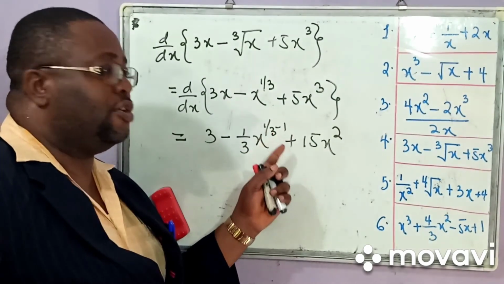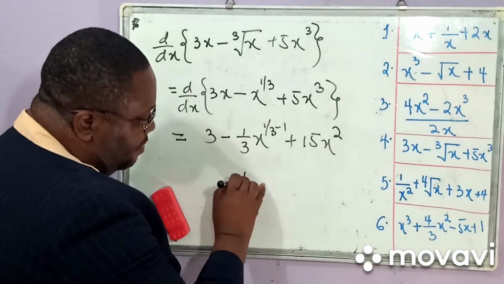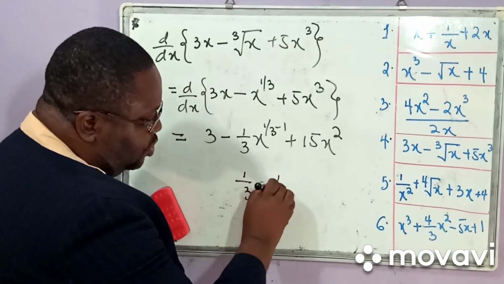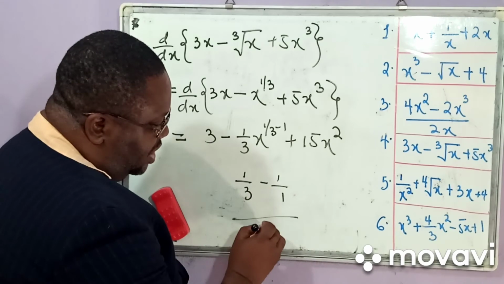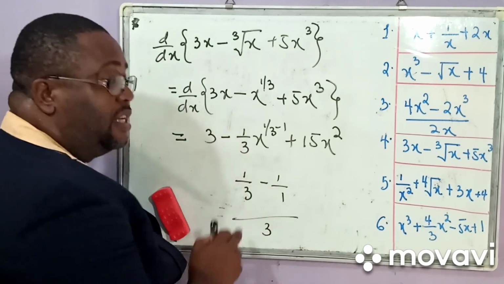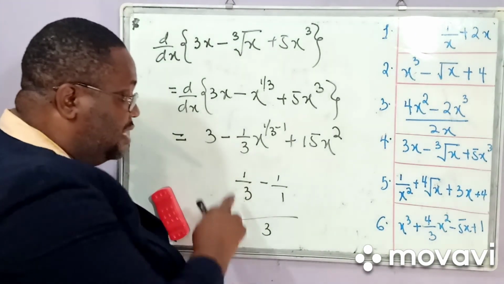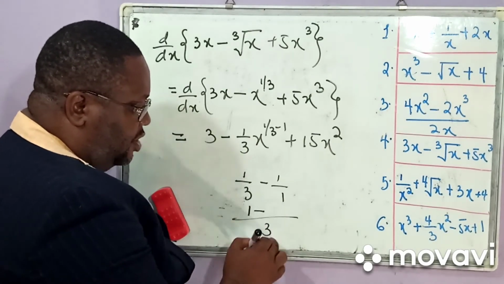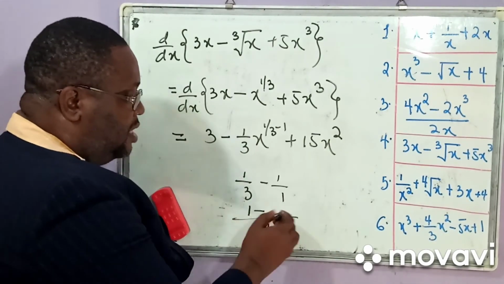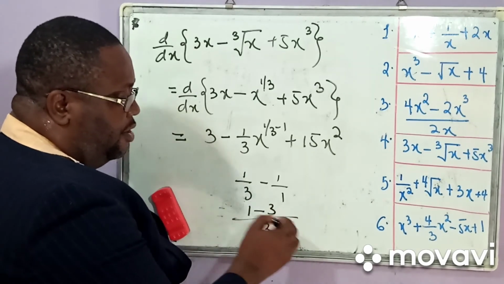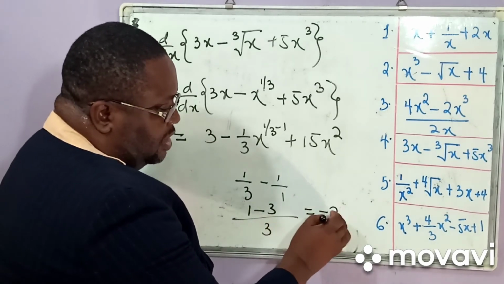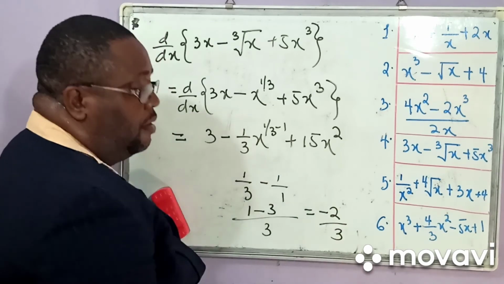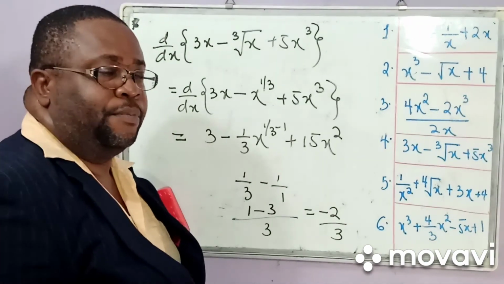But when I come here, this sort of thing can be very confusing. So 1 over 3 minus 1. Let's quickly evaluate it. Minus 1 over 1. LCM is what? 3. 3 divides 3 to give me 1. 1 times 1 is 1. So I have 1 minus 3 divides 1 is 3. 3 times that, we have 3. 1 minus 3. So I simply have negative 2 divided by 3.